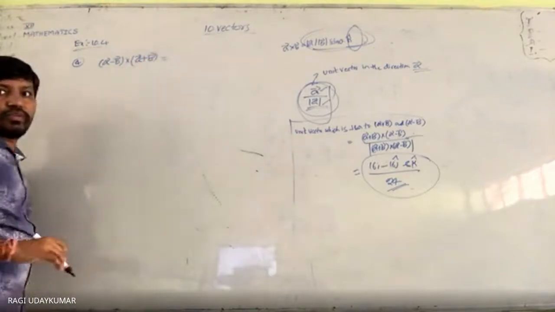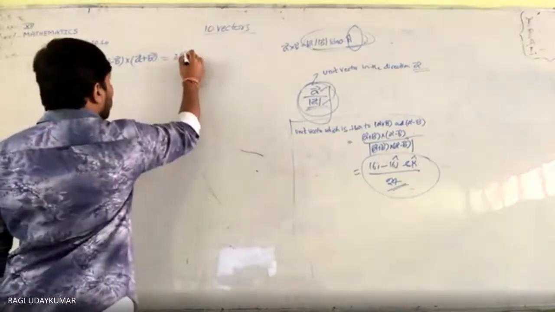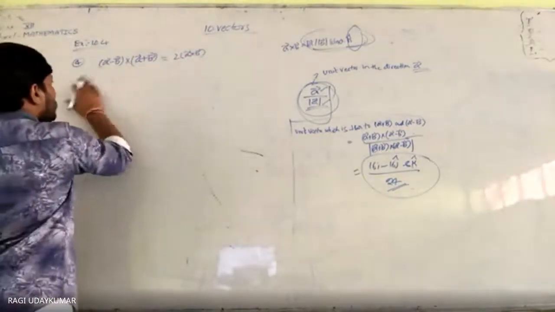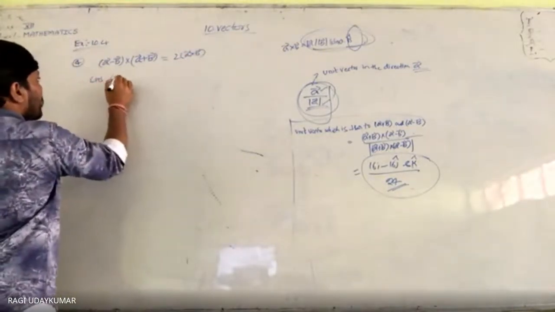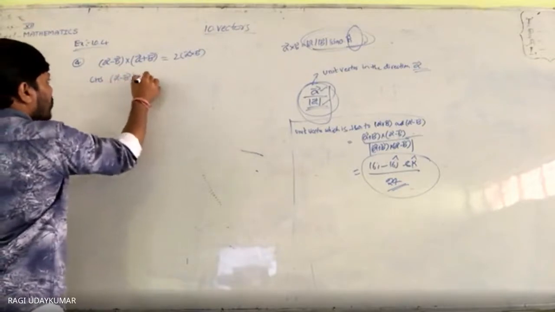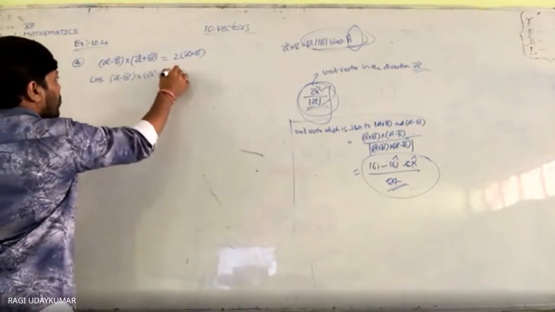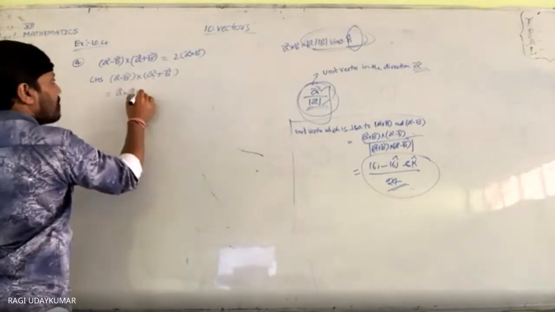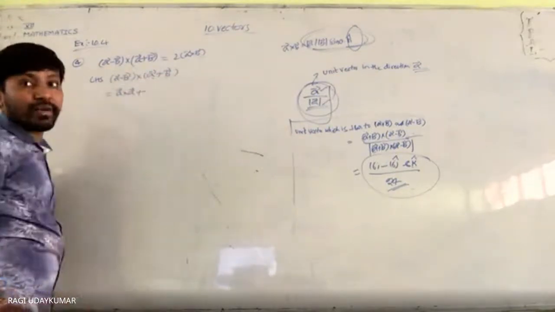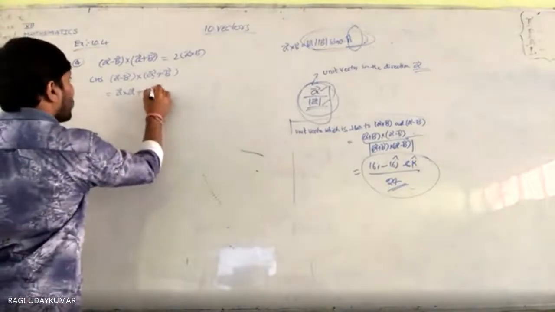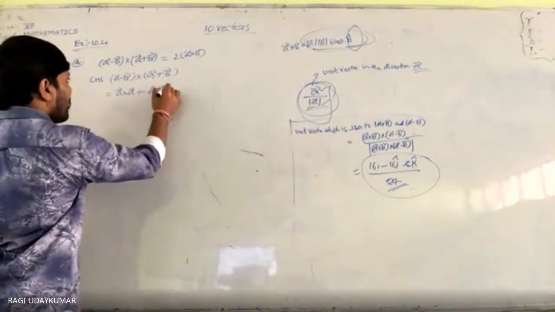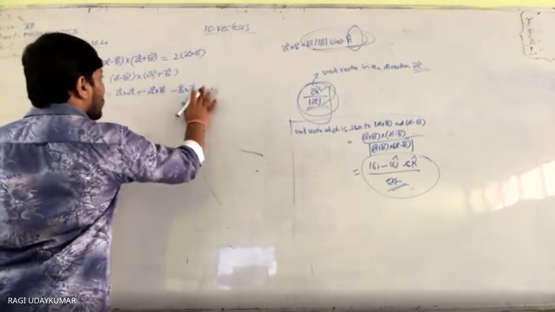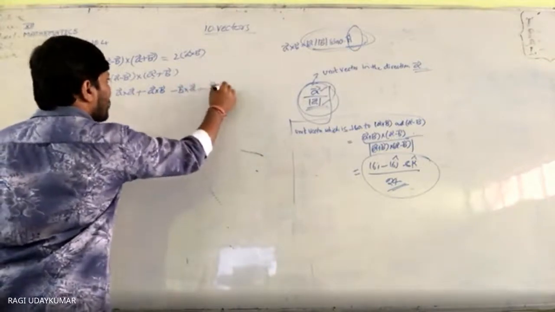We are asked to prove it equals 2 times A cross B. Let us consider the LHS: A minus B cross product with A plus B. Just expand it: A bar cross A bar, plus, using the distributive property, A bar cross B bar, minus B bar cross A bar, plus minus B bar cross B bar.